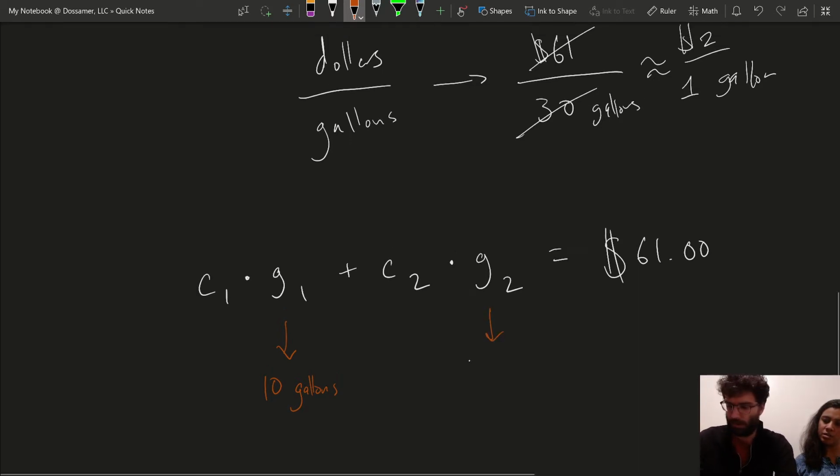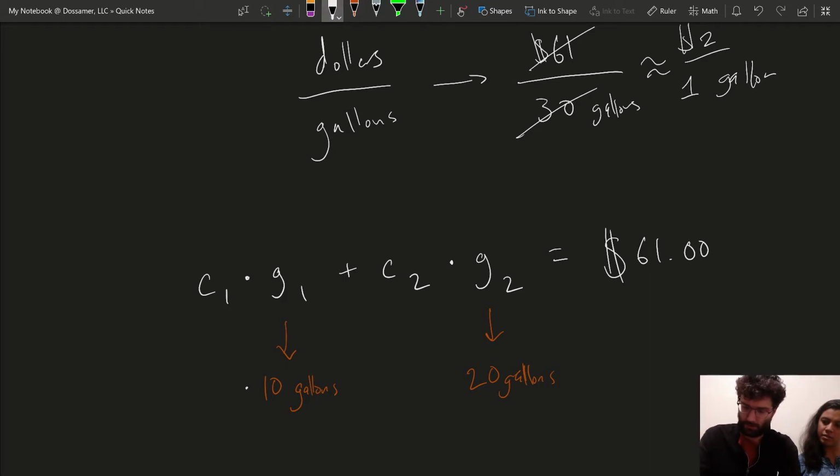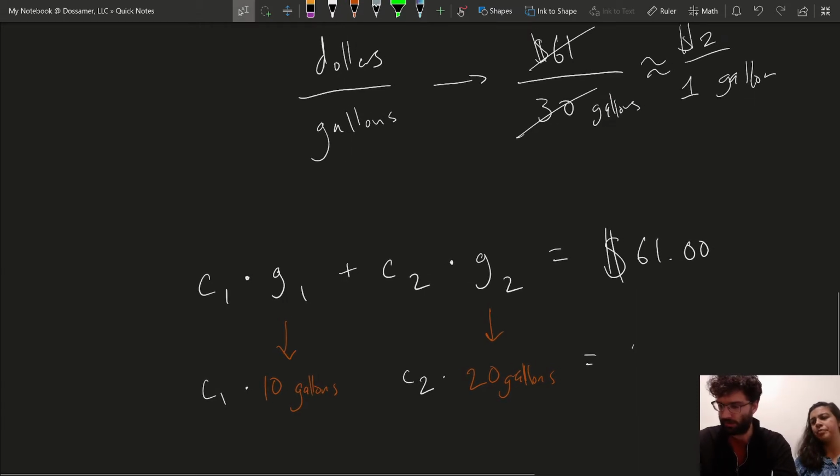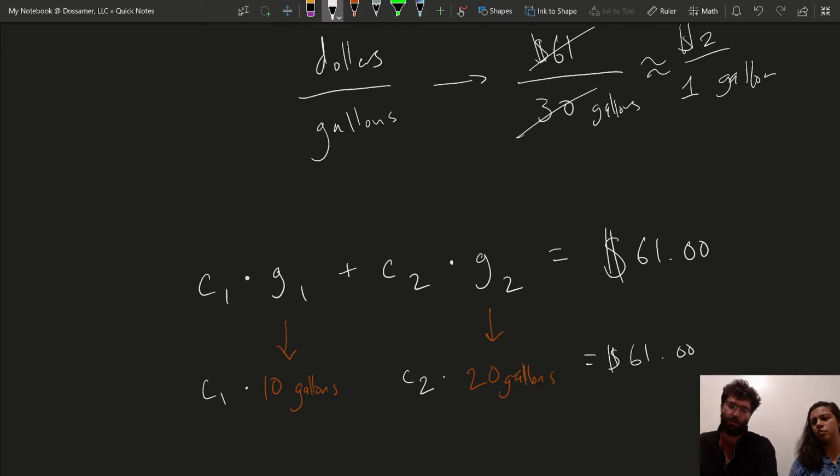And we know that the first week we bought 10 gallons. And the second week we bought, what did we buy? 20 gallons.